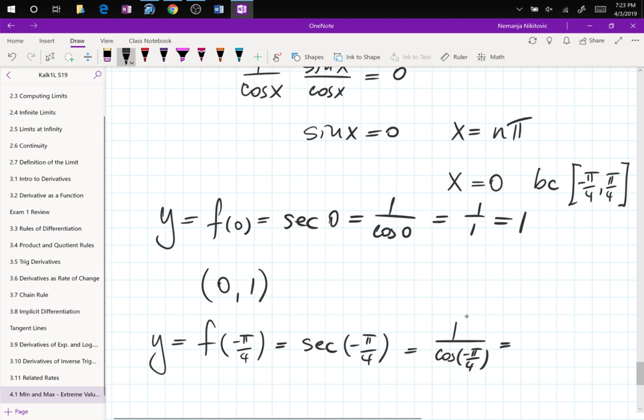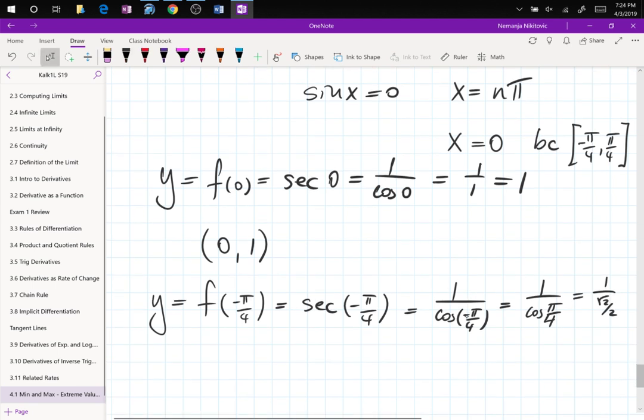Now, it's an even function, so it's 1 over cosine of pi over 4, the minus just dies. And cosine of pi over 4 is, very good, root 2 over 2. So it's 2 over root 2, multiplied by root 2 to rationalize.